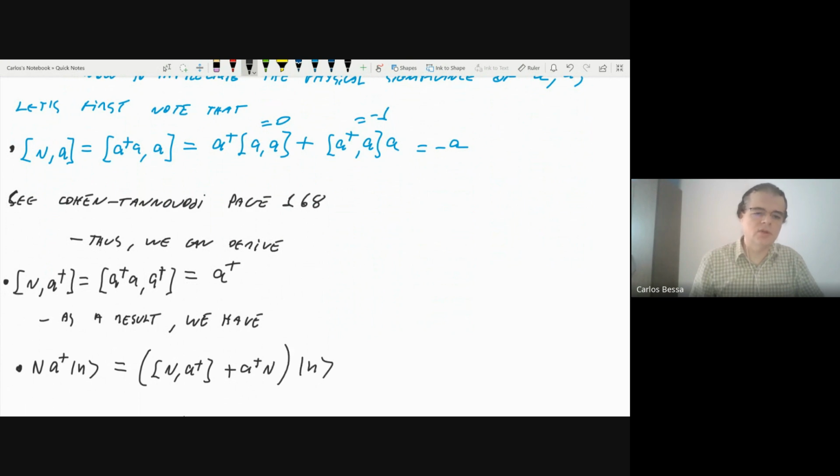Okay? Because the commutator here is just N A dagger minus A dagger N, and I compensate with this plus A dagger N. So I did this because I can use this relation here. So this is simply A dagger plus A dagger N applied to the ket n.